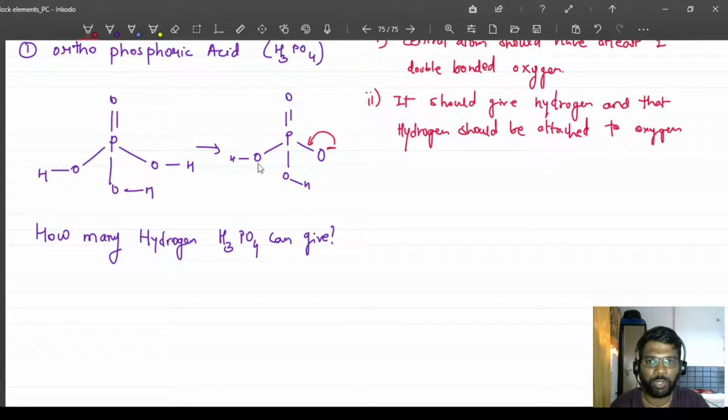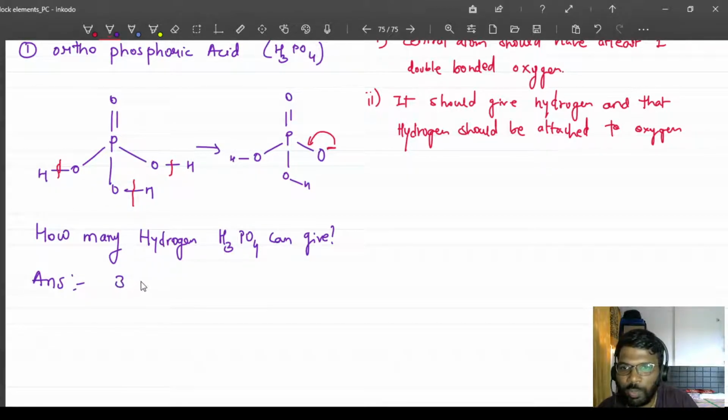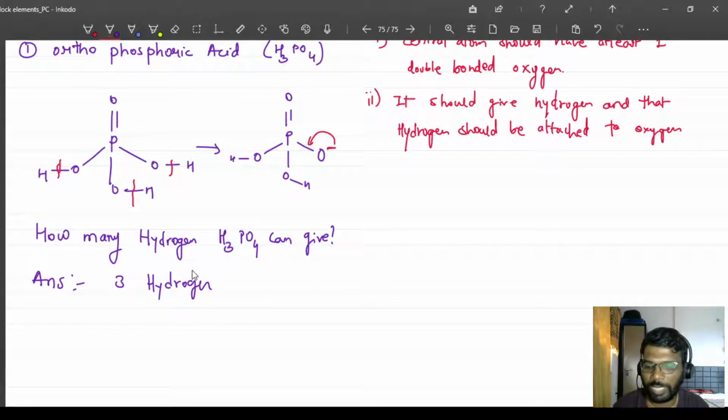This hydrogen can also leave. This hydrogen can also leave. Means all these bonds could be broken very easily. This compound is going to give me three hydrogens. Among oxoacids, this is the most acidic acid.